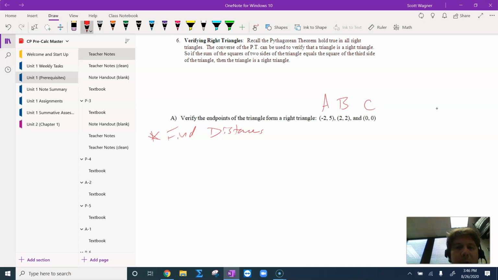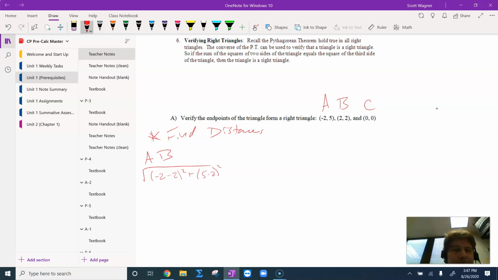So maybe we'll start out with trying to find the distance from A to B. That's the trickiest one. The distance from A to B is going to be the square root of, we might say, -2 minus 2 squared. If you're wondering how I'm doing this, I'm just using the distance formula from earlier in the video. Plus, if I subtract the y coordinates, that's going to be 5 minus 2 squared.